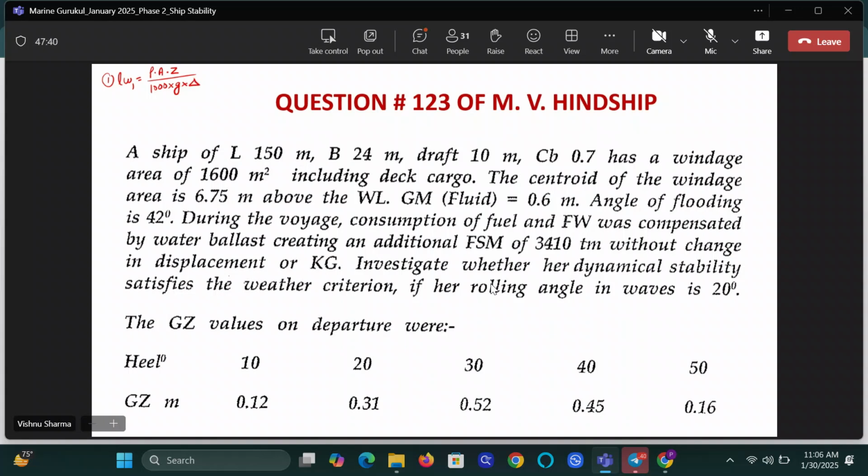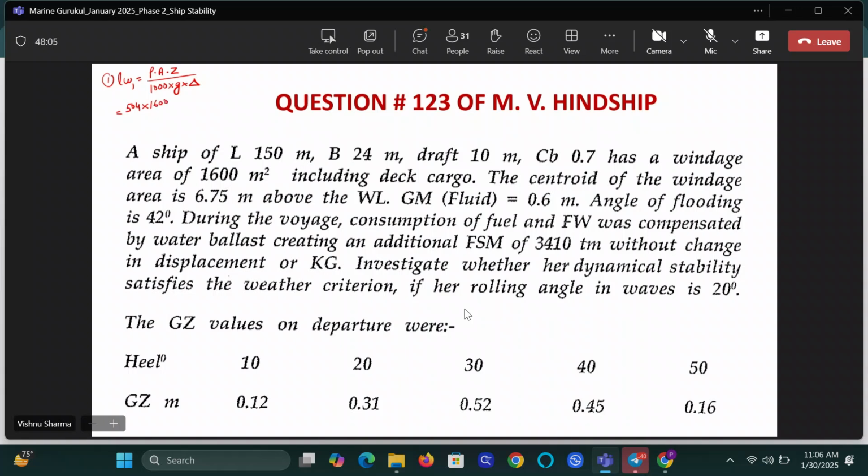P, does anybody have to give you P? No, P is fixed. I'll show you the solution also in steps, but I'm just taking you through upfront. 504. Is the windage area given in the question, guys? Read the question and tell me. Is it given anywhere? 1600. Yes, sir.